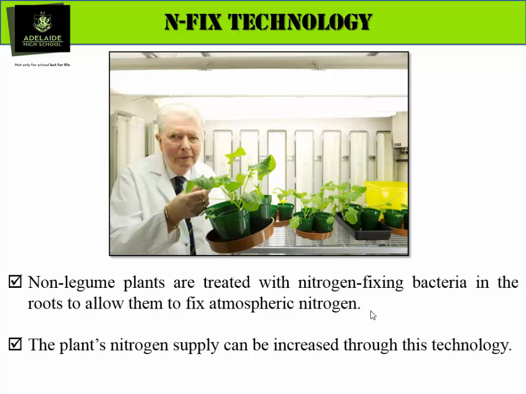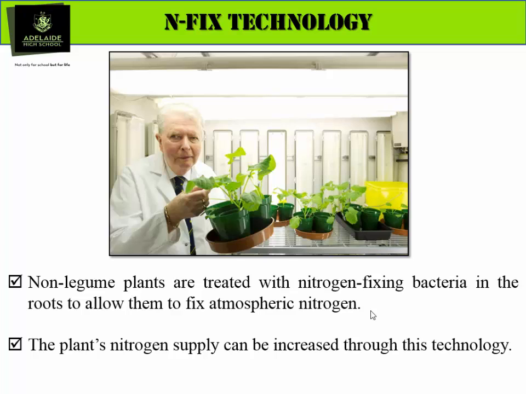What is the role of this particular group of bacteria? Any idea? It fixes the atmospheric nitrogen into a usable form. Nitrogen fixing is only found in legume plants, for example, soy, you name it.